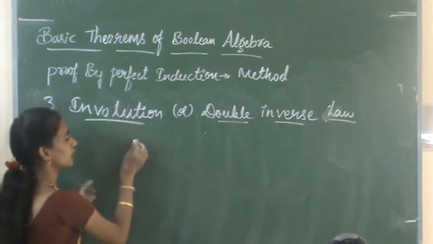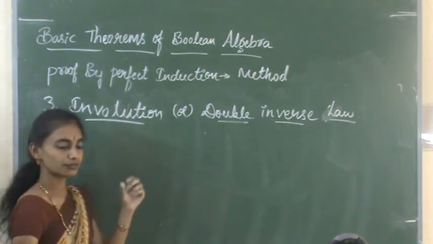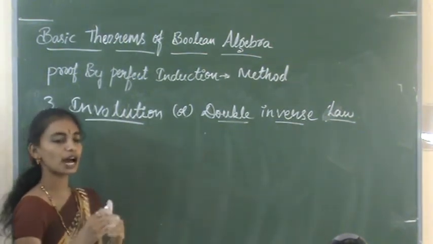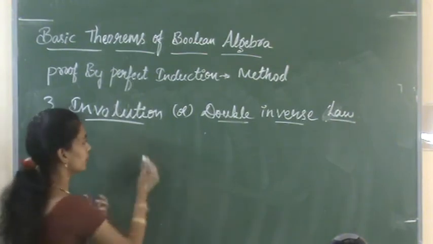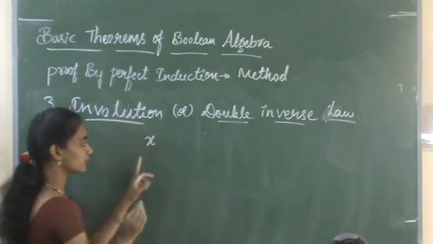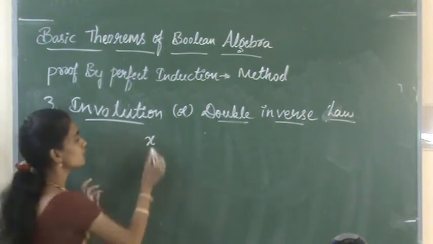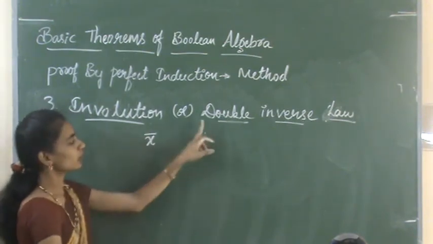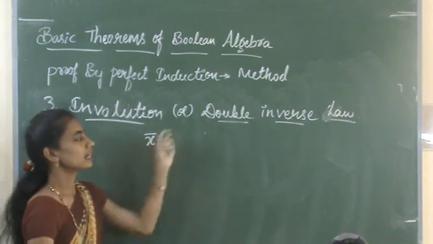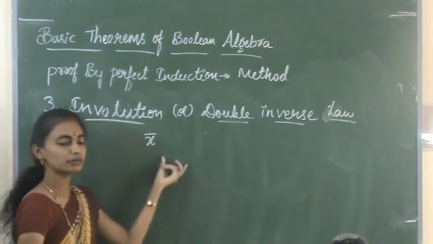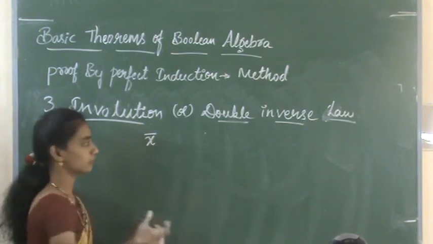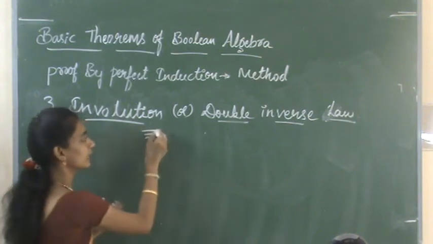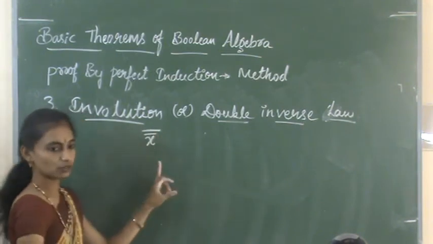Suppose I take, double inversion means we have to invert twice. Okay, so first I am taking the variable x. If I invert, this is the inverse law. What does this law state? That the complemented variable is again complemented, meaning again it will be inverted, that is double inversion.